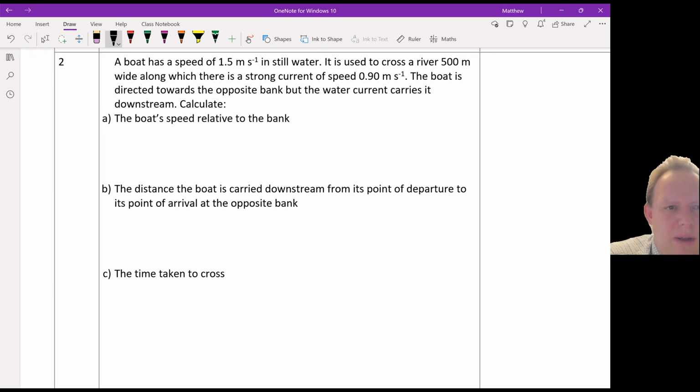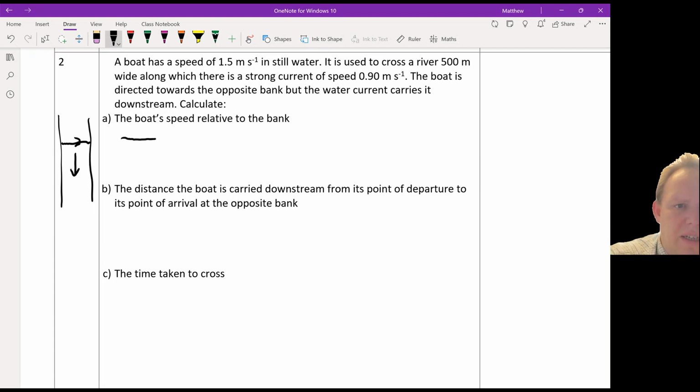So this picture depends largely on which way you imagine the river is flowing. So I'm going to imagine we're trying to get across the river in this direction and that the water is flowing in this direction. So when I come to draw my velocity vector diagram, I'm going to draw the vector addition diagram.